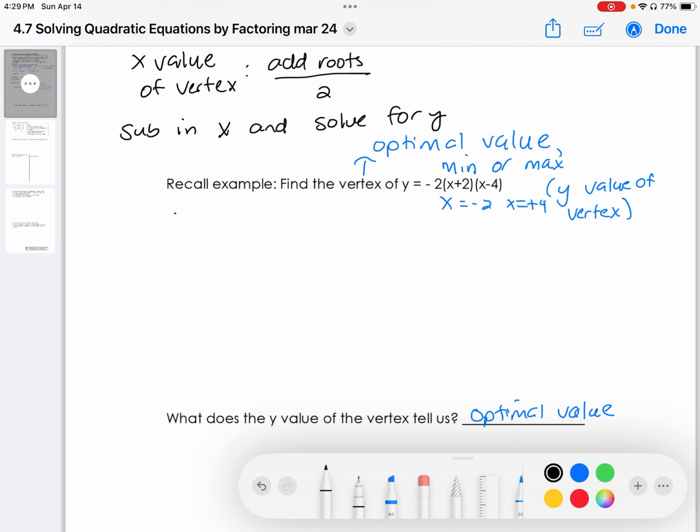Or if you solved for the roots, like I just did above, which is always okay, x plus 2 equals 0, x plus 2 minus 2 equals 0 minus 2, in the end, you get the same answer.